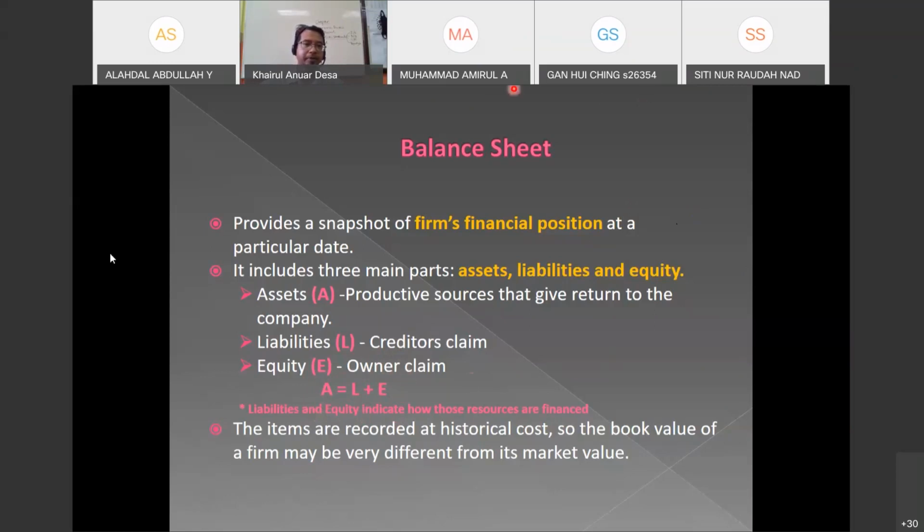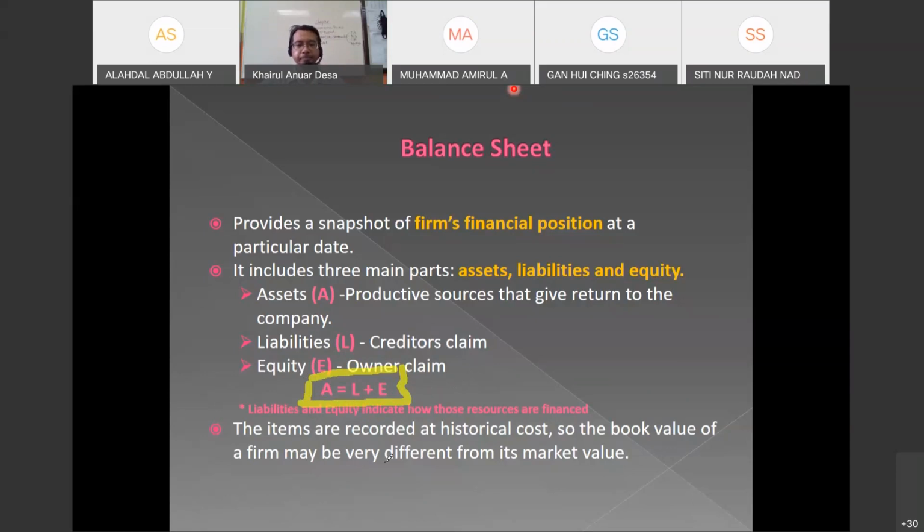Okay, ini adalah persamaan untuk balance sheet. This is the equation of balance sheet where the asset equals liability plus equity.